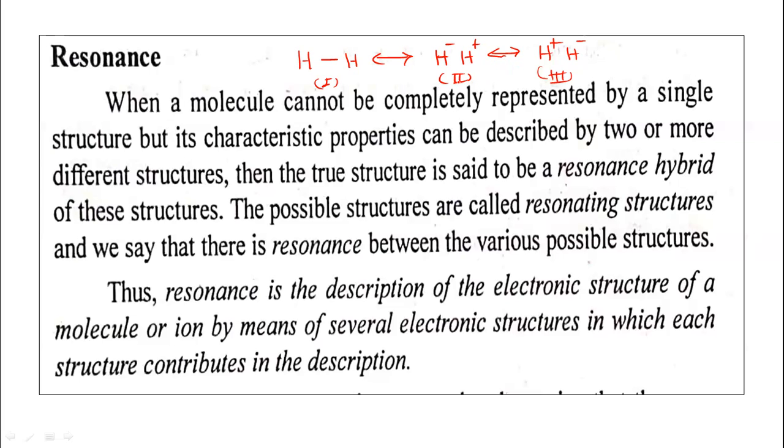So therefore we can define resonance. Resonance is the description of the electronic structure of a molecule or ion by means of several electronic structures in which each structure contributes in the description.